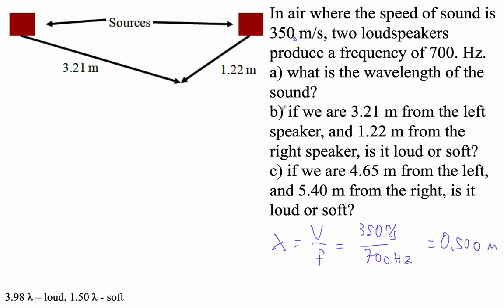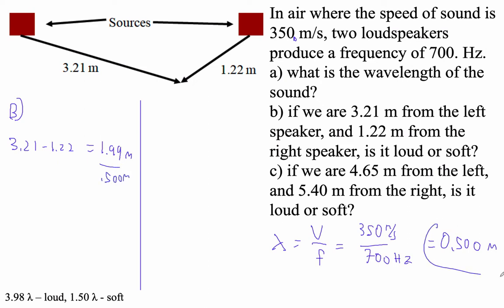Okay. So let's solve part B here. If we are 3.21 meters from the left speaker and 1.22 from the right, is it loud or soft? Well, let's figure out the difference in distance. 3.21 minus 1.22 is 1.99 meters. And then I'm going to divide that by 0.500 meters because that's my wavelength.